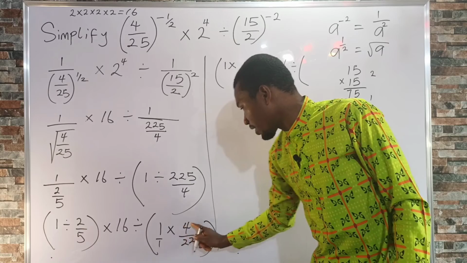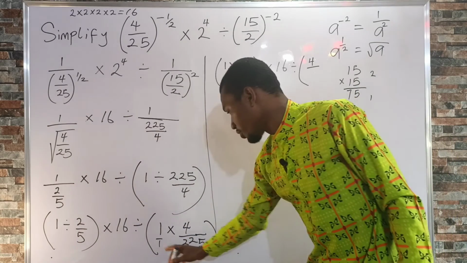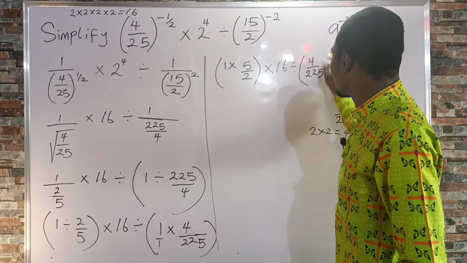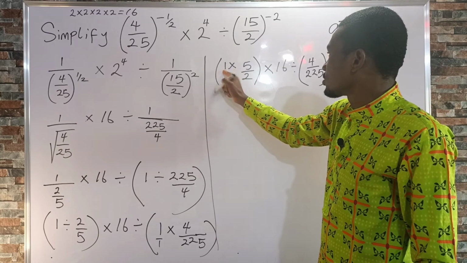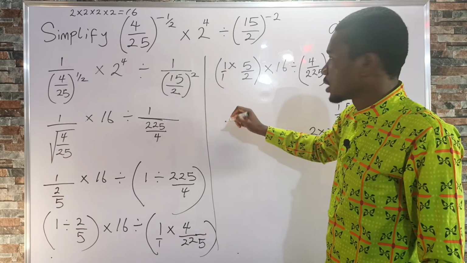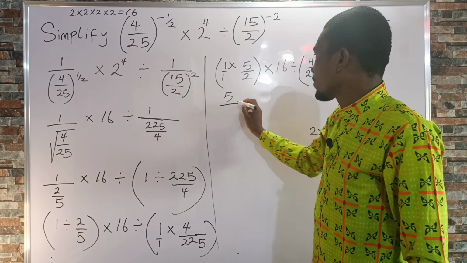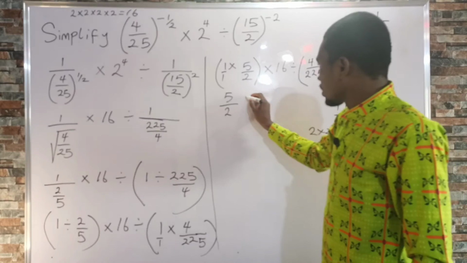Hence 1 multiplied by 4 is still 4, and 1 multiplied by 225 is still 225. Then we have 1 as 1 over 1, such that 1 multiplied by 5 is 5, divided by 1 multiplied by 2 is 2.